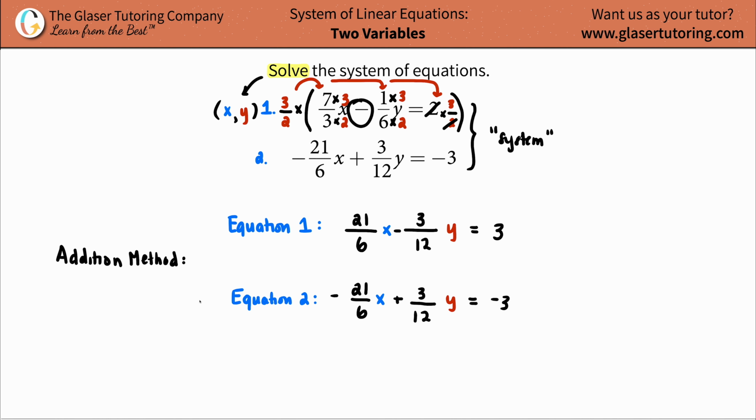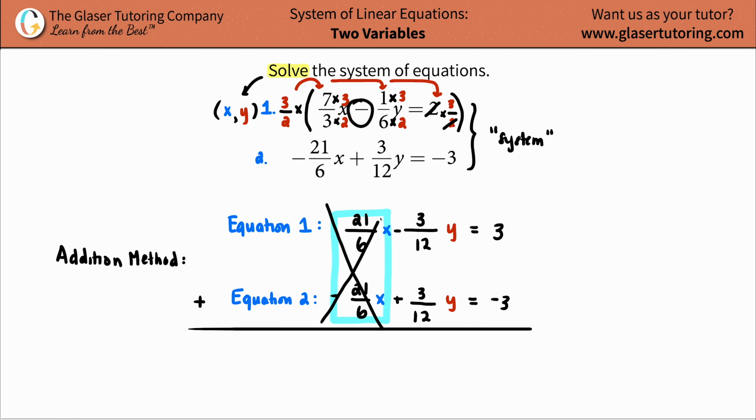But in this case, I'm going to add both of my equations together, and let's see what I get. But now this is interesting because I have 21 over 6 minus 21 over 6. That goes bye-bye. Oopsie. I got rid of my x values.